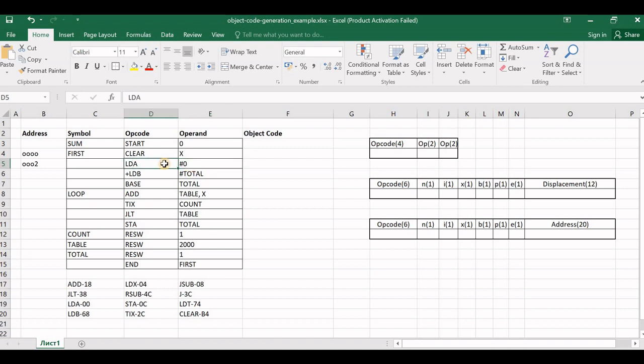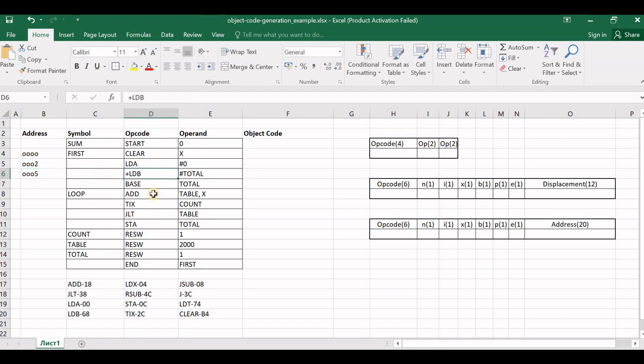And check if it is in format 4. It is not in format 4 because all format 4 instructions are preceded with a plus symbol. So since it is not in format 1, format 2 or format 4, it is obviously in format 3. According to the instruction formats of SIC-XE, format 3 instructions occupy 3 bytes of memory. At which address is it starting? It is starting at address 2. It takes 2, 3 and 4, and the next instruction starts at the address 5. It is 0005.